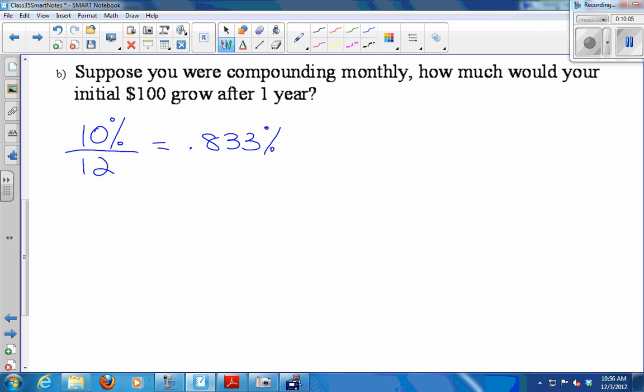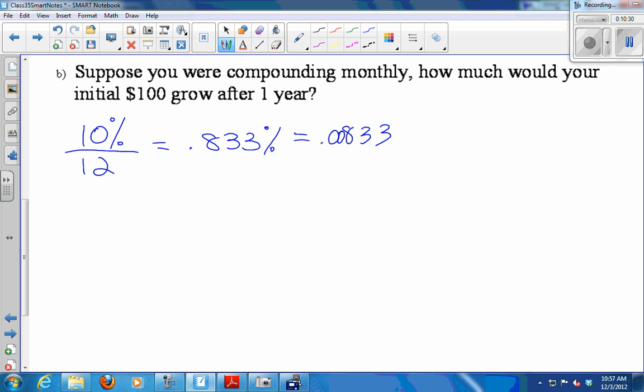Which as a decimal, because that's already written as a percentage, would be 0.0833. One more zero, you've got to move that 2 to the left, 0.00833.